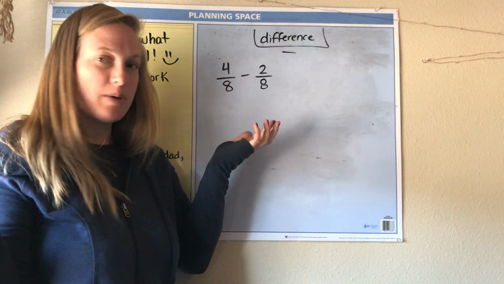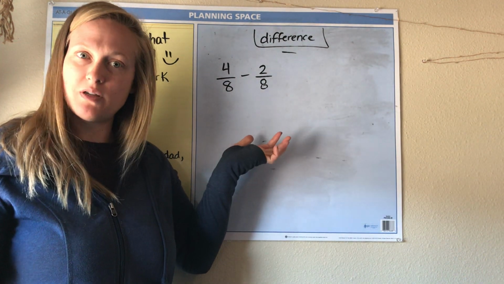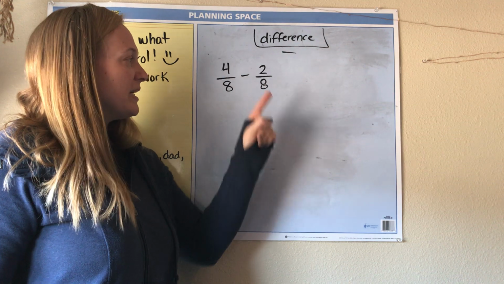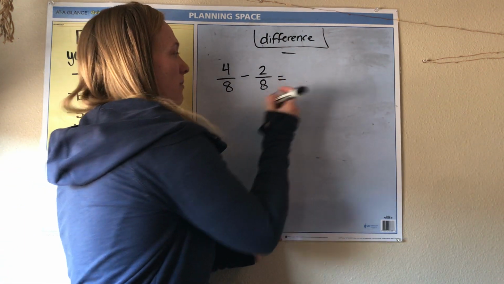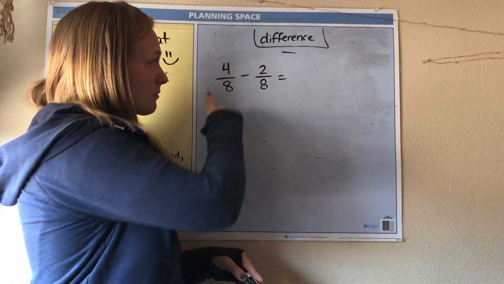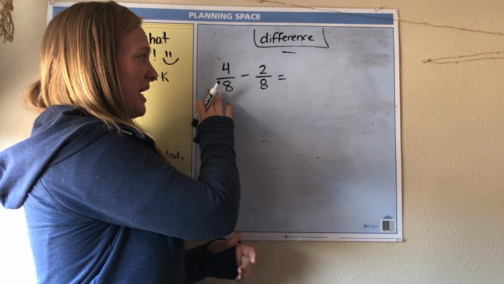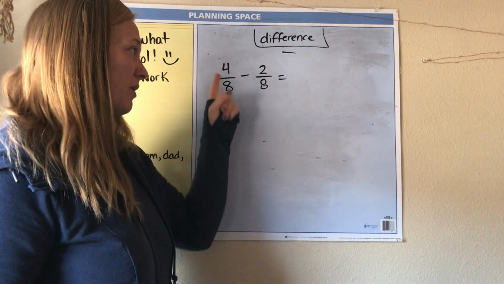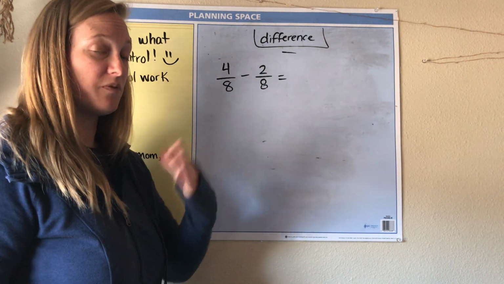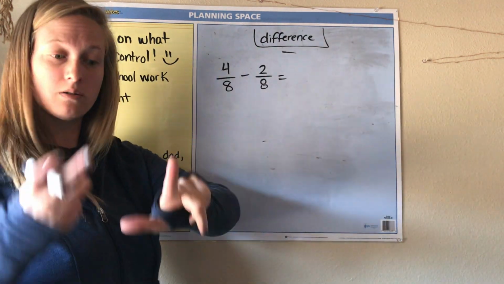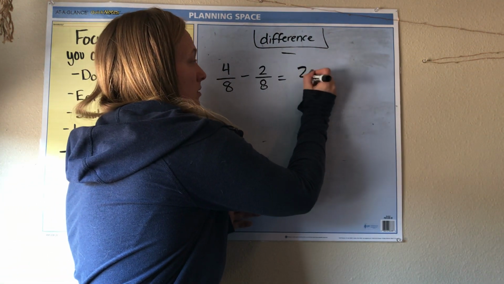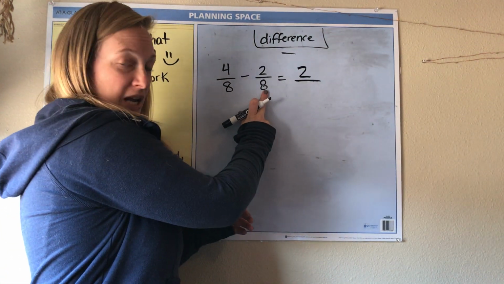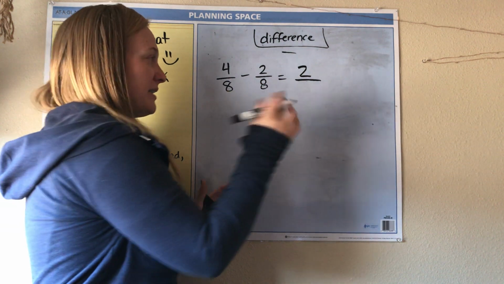Yeah, they are. Easy peasy, lemon squeezy. I don't actually really have to do the work. 4/8 minus 2/8. In my numerator, I'm going to go ahead and subtract 4 minus 2. If you're not sure, you can always put 2 in your brain and count up to 4. 2, 3, 4. 2. My denominator, because I'm adding and subtracting, they stay the same.